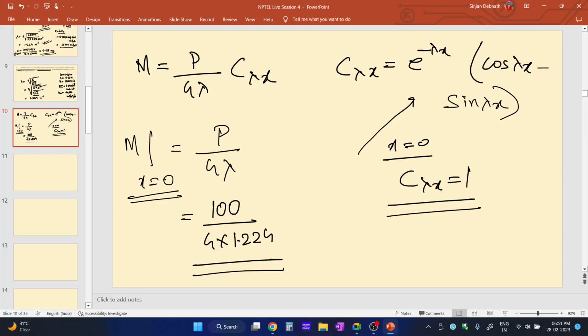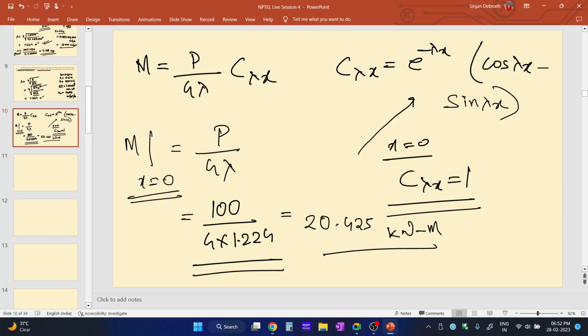If we calculate this, we will get M equal to 20.425 kilonewton meter.